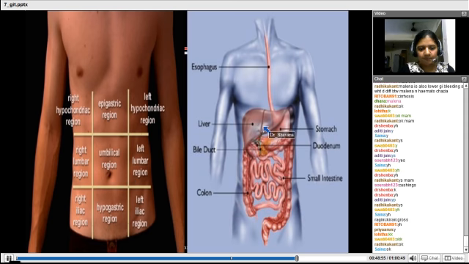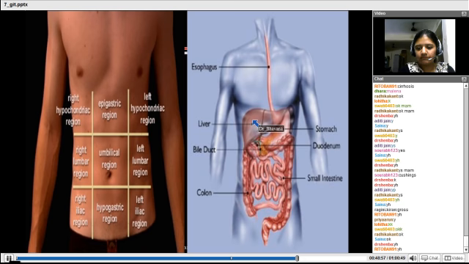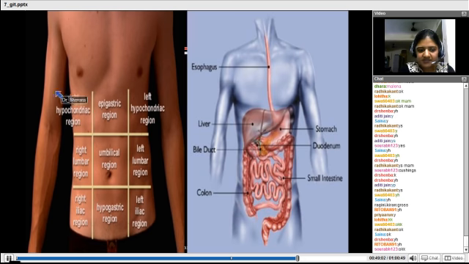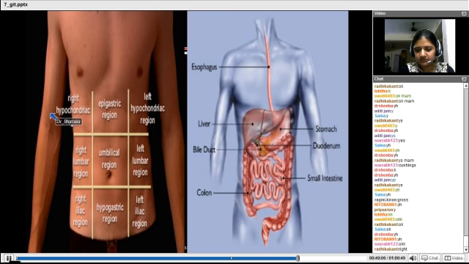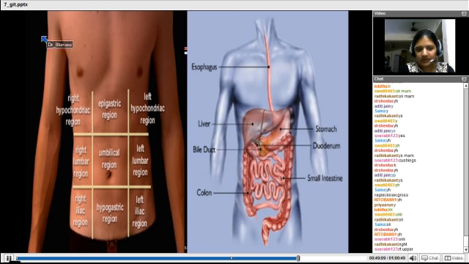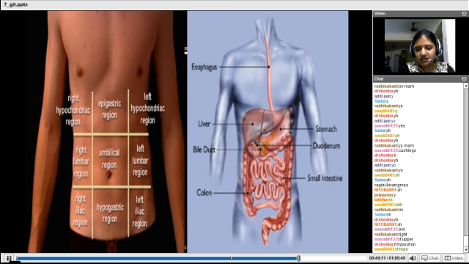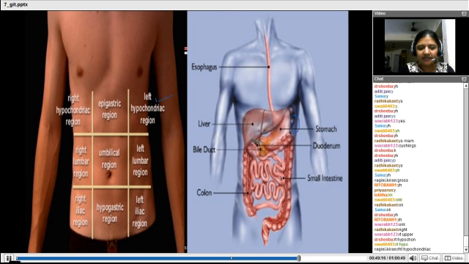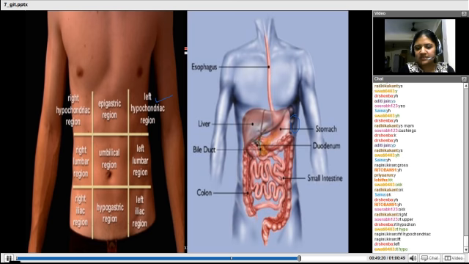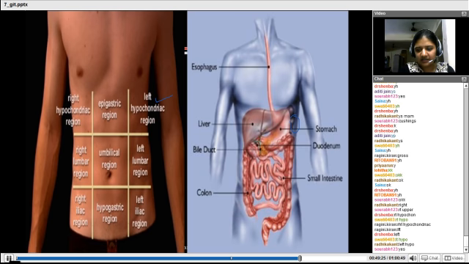Now, see over here. Where do you have the liver? If you have to palpate this organ, which possible site are you doing it in? You are doing it in the right hypochondriac region. Correct? You will actually have your spleen somewhere here, so that will be in the left hypochondriac region. Now, anything to do with the small intestine on this side will be in the lumbar region, right lumbar region.